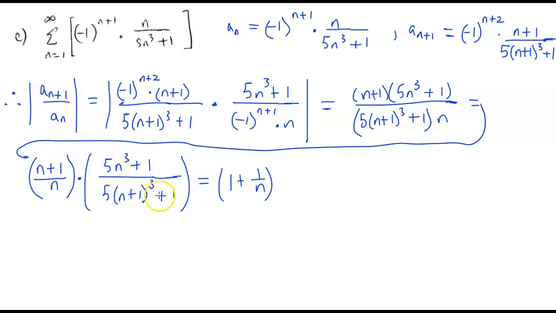For the next factor, to make things simpler, I can multiply the numerator and denominator by 1 over n plus 1 cubed, using a different color here.